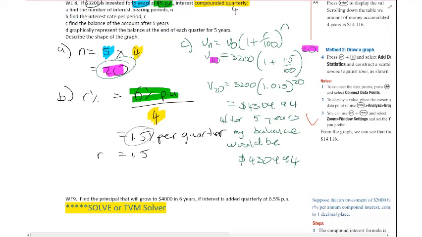Okay, so that's the way you can use it, because you're asked to find the number of interest-bearing periods, the interest rate per period, and the balance after 5 years. That is how you find a balance after 5 years, using the recurrence relation.